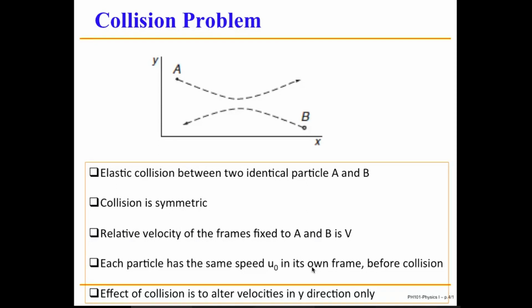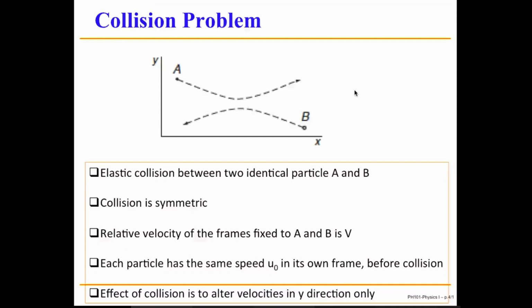Here you consider an elastic collision between two identical particles, A and B. It's just a grazing elastic collision, meaning they just touch each other and leave. You can see the trajectories; although it's a cartoon diagram, it tells the story. So it's an elastic collision. The collision is symmetric.